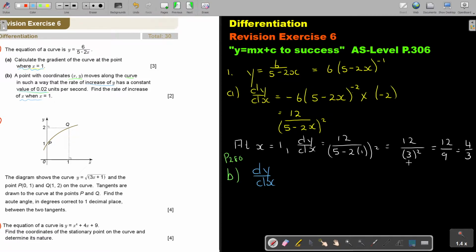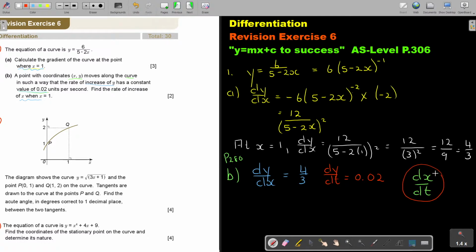So we are heading towards dx over dt. But we have that dy over dx at the point is going to be 4 over 3. But now the increase of y per second, meaning that dy over dt, that time, is 0.02.